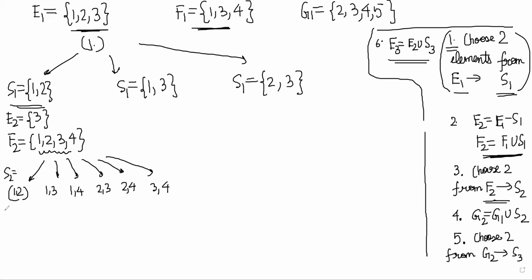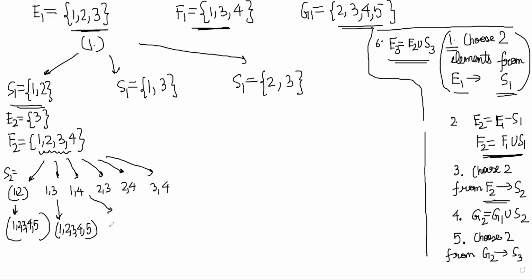And in each of these cases, G2 will become G1 union S2, right? So G2 here will be 1, 2 union G1, 2, 3, 4, 5 union 1, 2. So that will become what? 1, 2, 3, 4, 5. Here 1, 3 with this will also give the same thing, 1, 2, 3, 4, 5.